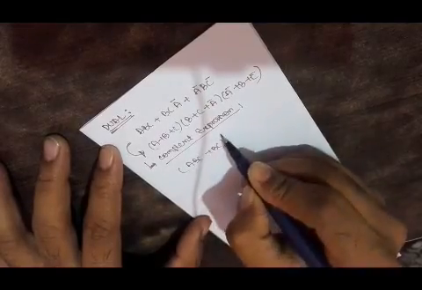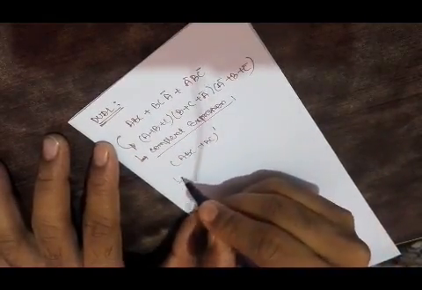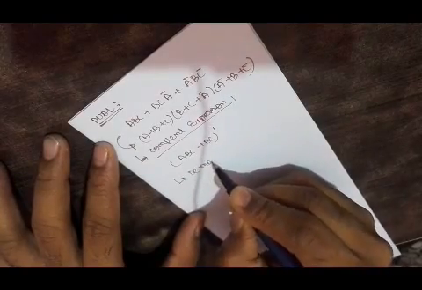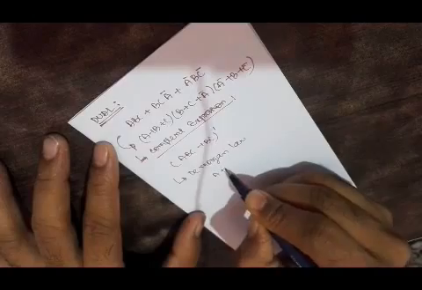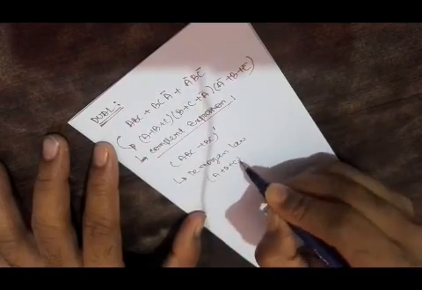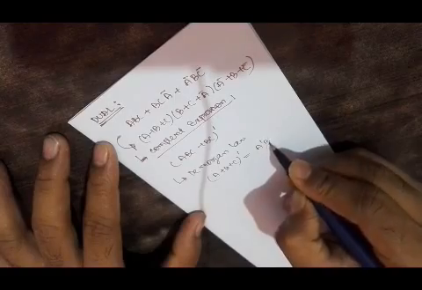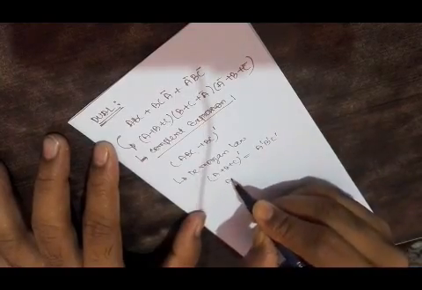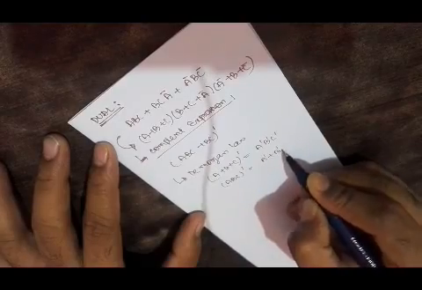We complement the entire thing. To deal with this, we have De Morgan's law, which says the complement of A plus B plus C or D plus E, any expression, will be A bar, B bar into C bar. Similarly, the complement of ABC is A bar plus B bar plus C bar.